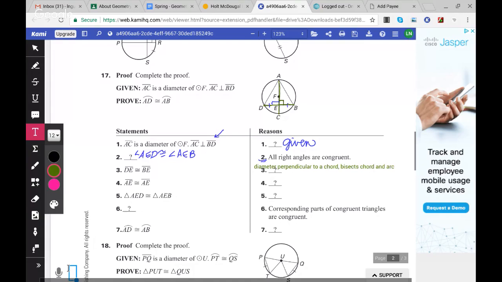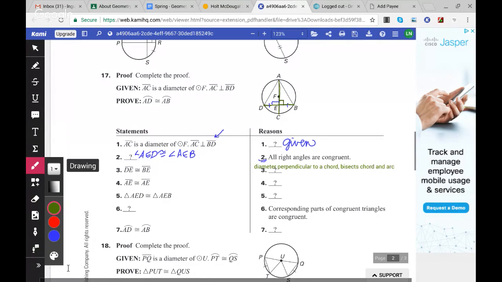When a diameter meets a chord at a right angle, it splits that chord in half, and it splits that arc in half too. We might need that. It's going to make these arcs here congruent too. That's what a diameter does when it crosses a chord at a right angle.